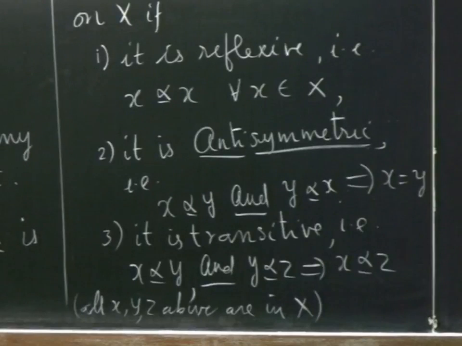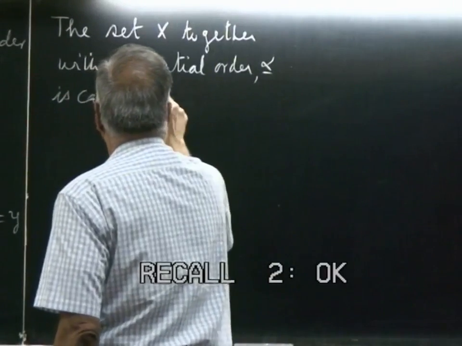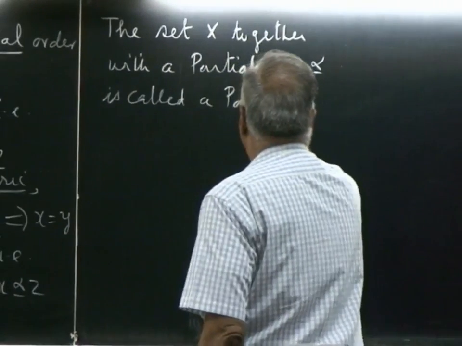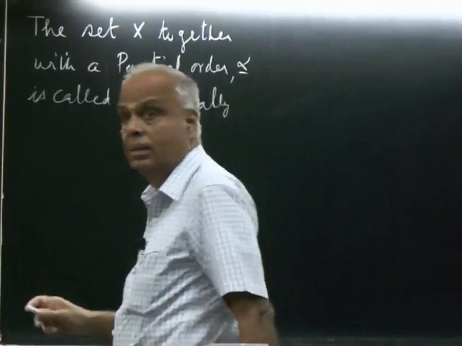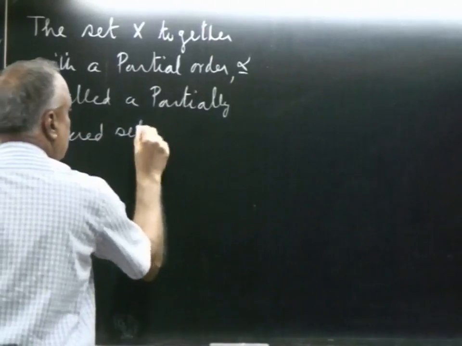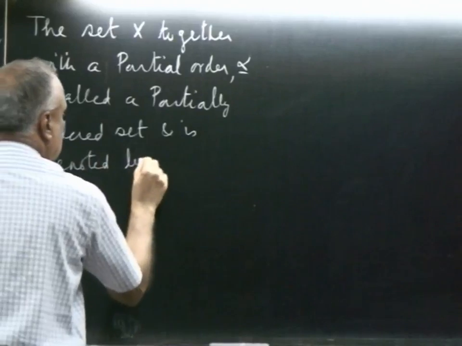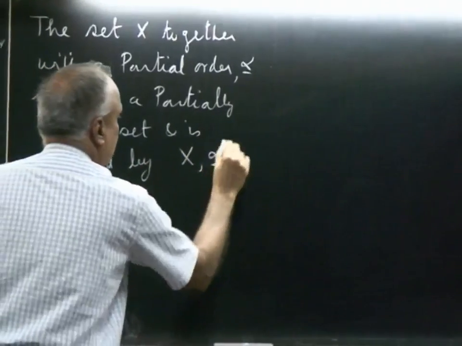Then the set X together with a partial order is called a partially ordered set, and is denoted by that pair.